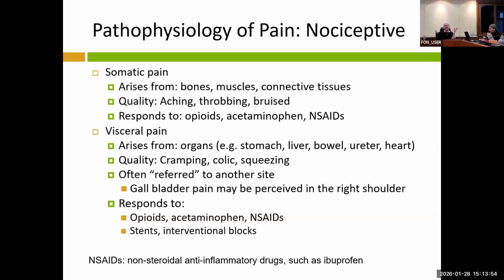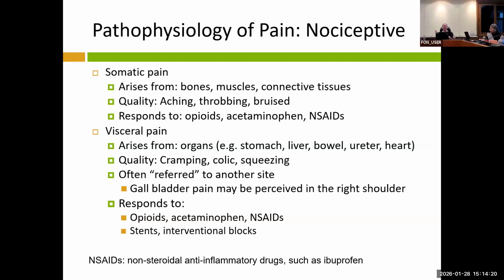Then we have visceral pain, and that arises from organs. So you have your stomach, liver, bowel. And here the quality is different. You have that cramping, colic, squeezing. And this is often referred to another site.